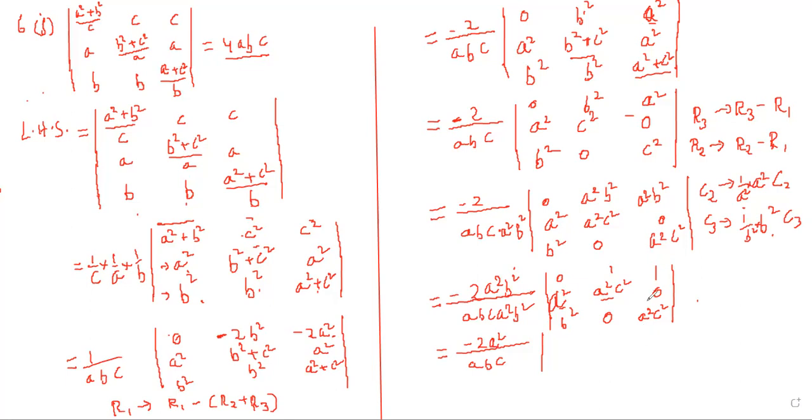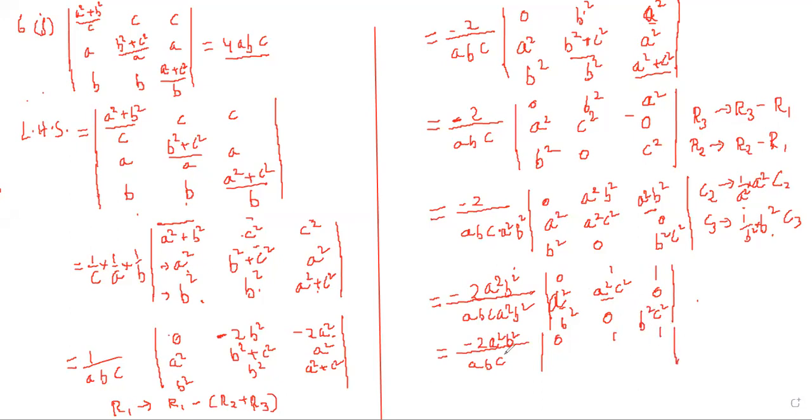We have multiplied this row by this column by b square. So we can easily find our mistakes if they are done carelessly in determinants. b square is common. So first row is same, 0, 1, 1.